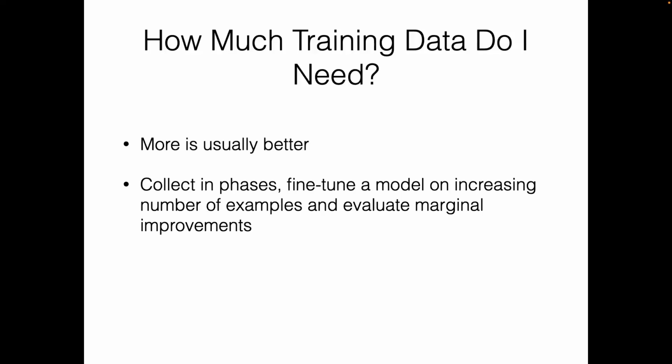Then in terms of training data, more is typically better. One thing you can do is try getting some amount of data and performing some experiment with it. Say you collect 10,000 instances for training, then you could try training a model with 1,000, 2,000, or some other partition.